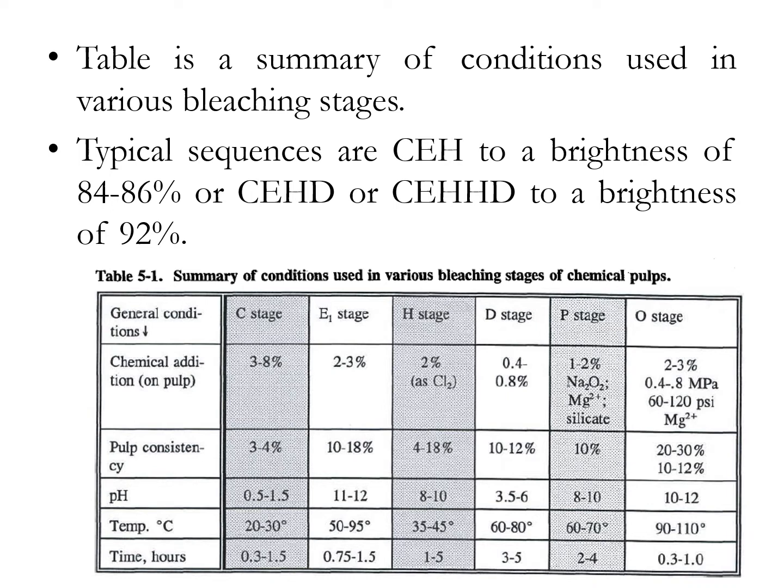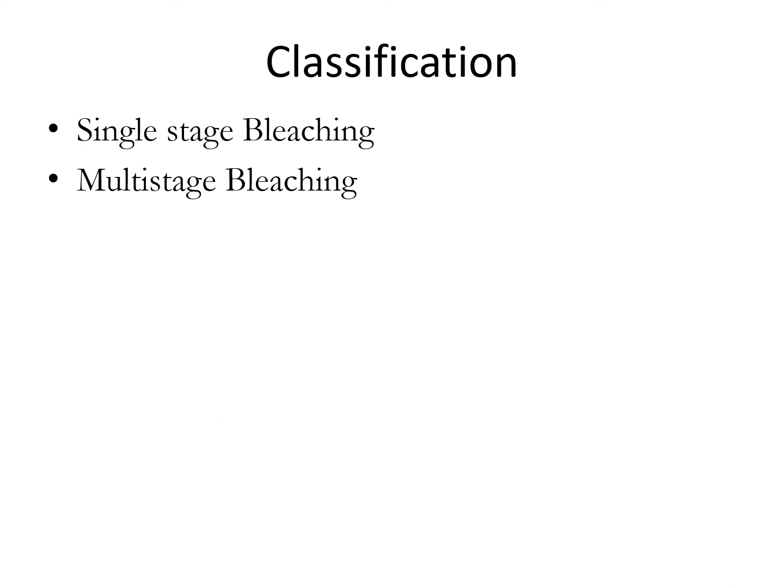Okay, and the brightness that can be achieved for the processes. So going to the next slide. So, in general, if you want to classify bleaching of chemical pulps, it can be from single stage to multi-stage, and that multi-stage can be up to 7 stages.